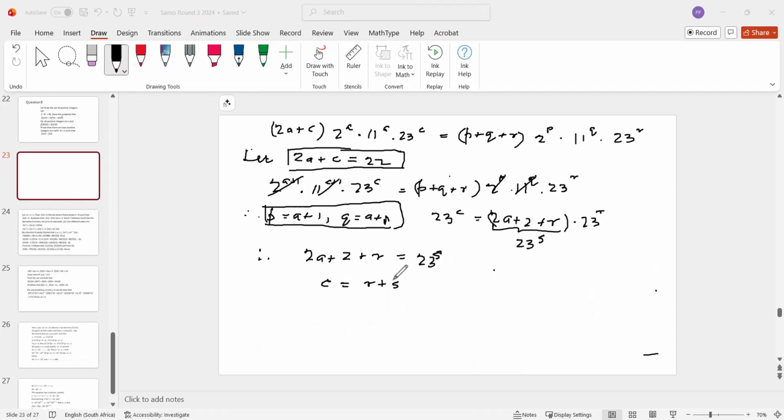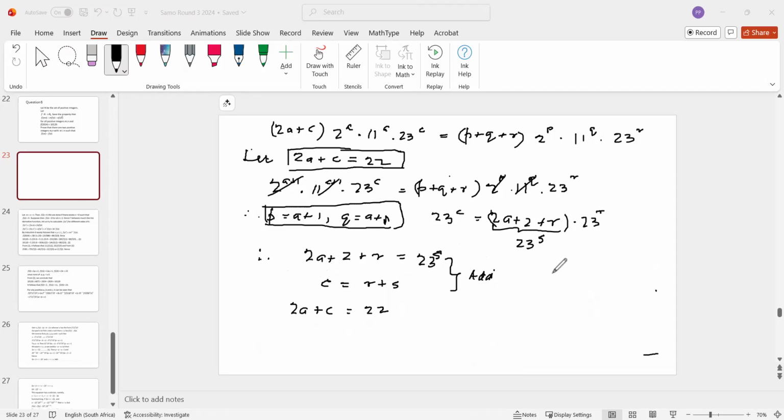Now remember, we had that 2a plus c is 22. So I've got these equations here now. And I can get to 2a plus c by adding on both sides.